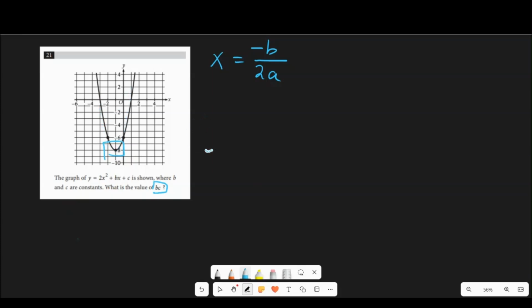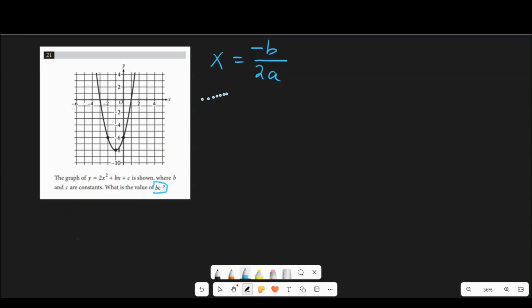If you had a parabola facing down, the vertex would be at that point. In any case, to find the x coordinate of the vertex, you use this formula.